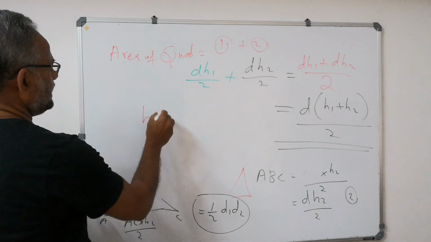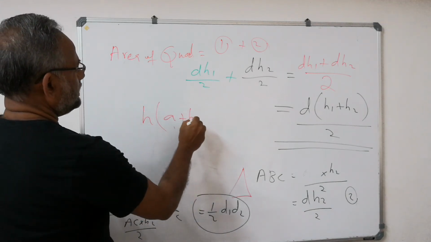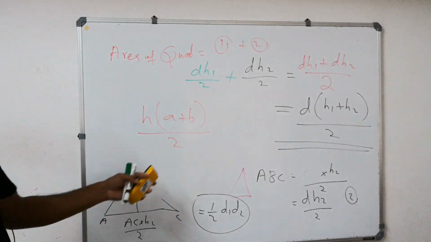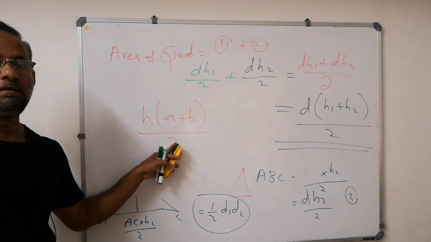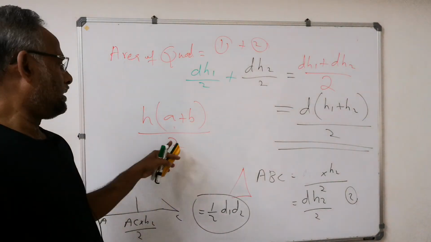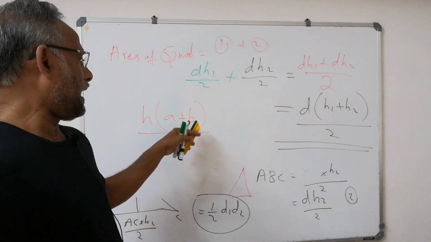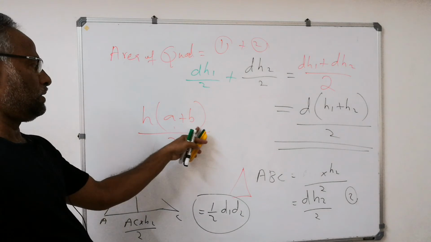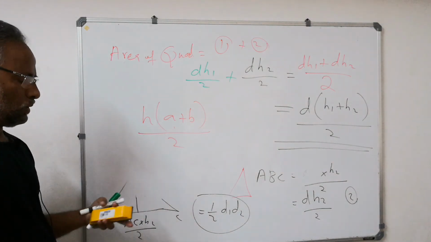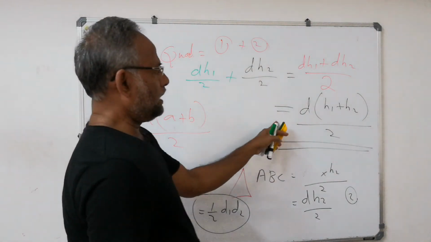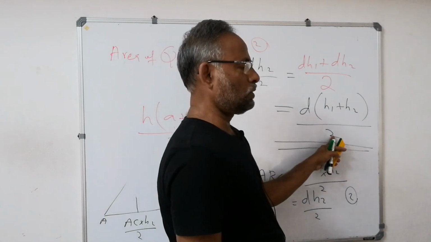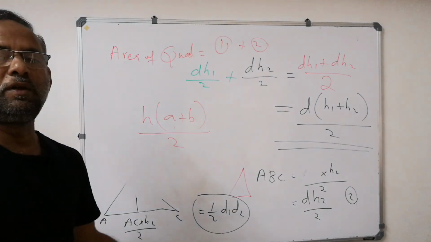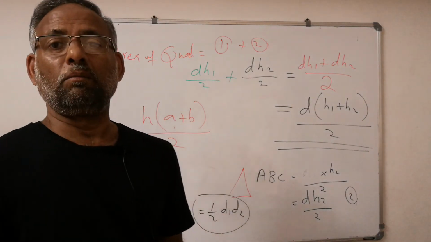H into A plus B by 2. Remember that everywhere 2 is there because of two triangles. A plus B into H by 2. Here also 2. D into H1 plus H2 by 2. Here also 2. D1 into D2 by 2. Here also 2.